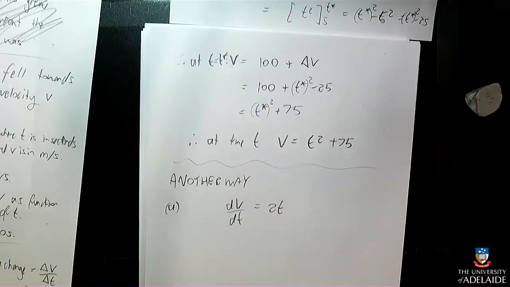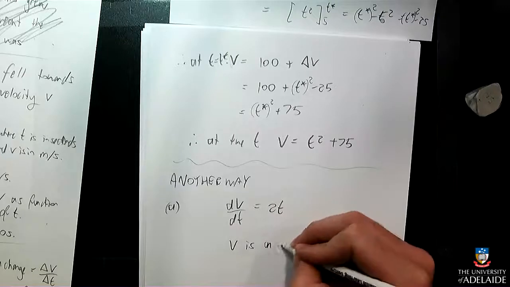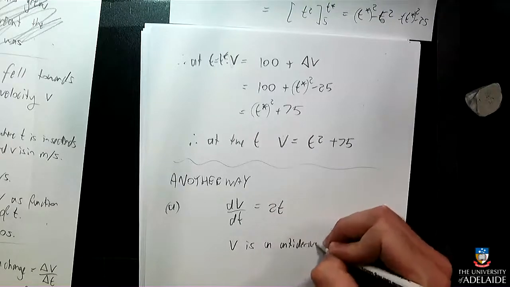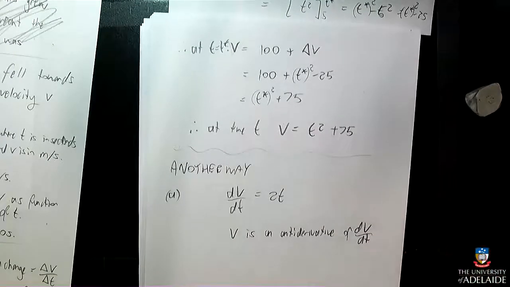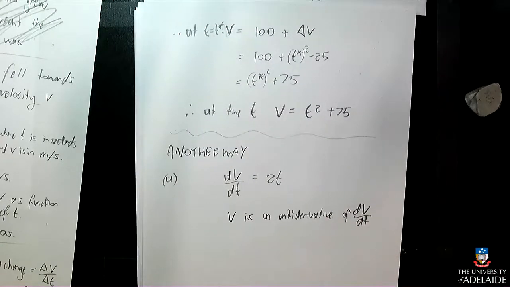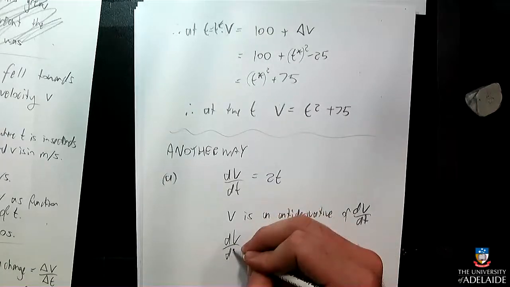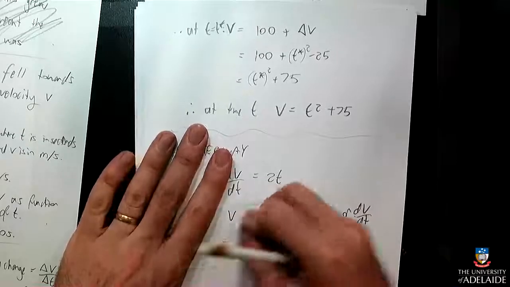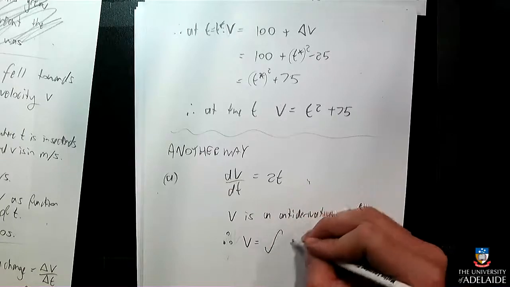So I know that whatever function v is, its derivative is dv on dt, which means that v is one of the antiderivatives of this function. That's the other way of thinking about it. So v is one of the antiderivatives of dv on dt. And all of the antiderivatives of dv on dt, that's what an indefinite integral is. So therefore, v is the integral of 2t dt.